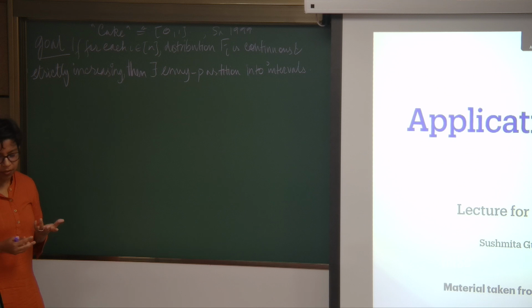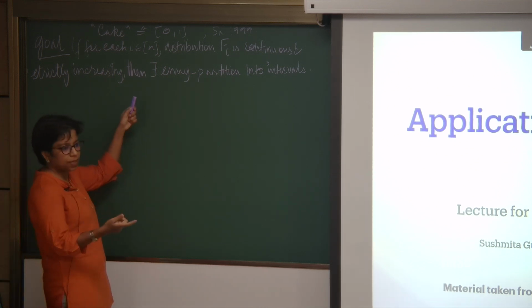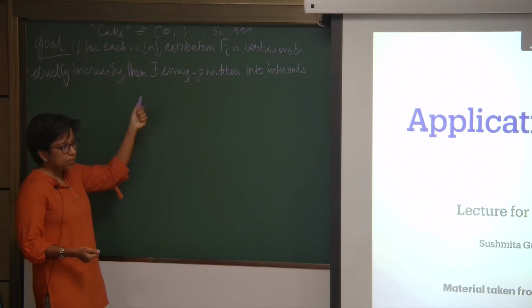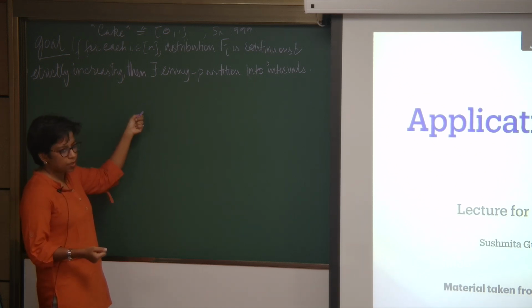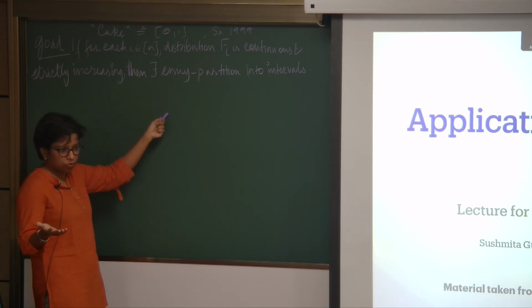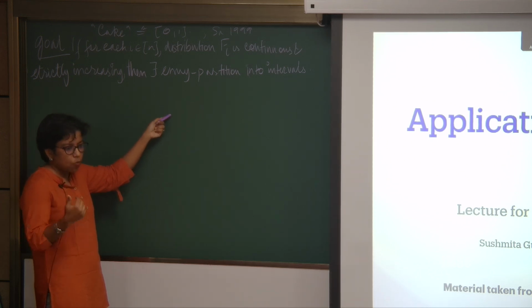So, this is why we are even talking about simplices. We made it seem like a conceptual jump from cake to simplices. That is the sort of thing where we relate the cake cutting problem to subdivision of simplices with some additional property. So, any kind of subdivision is not going to be enough, but a subdivision which has some nice coloring properties, why it exists, how it exists, we will talk about it.